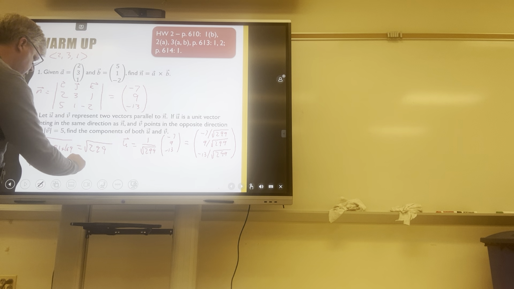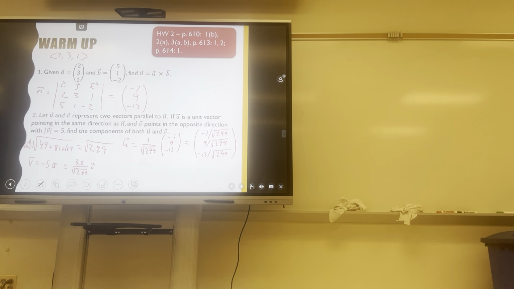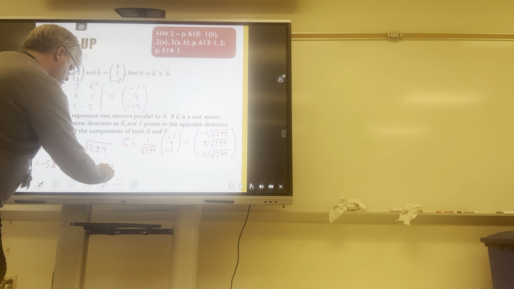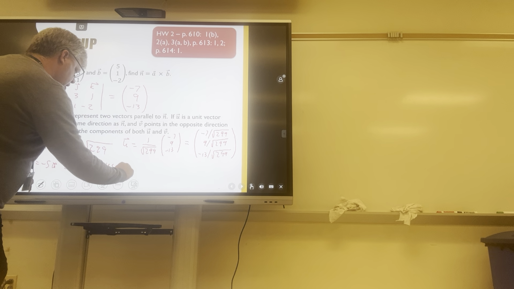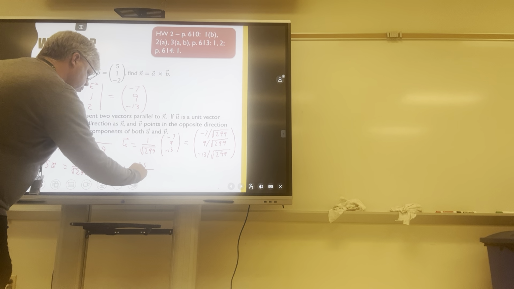So it would be 35 over root 299 I, and then -5 times the middle, so minus 45 over root 299 J, and then plus 65 over root 299 K.